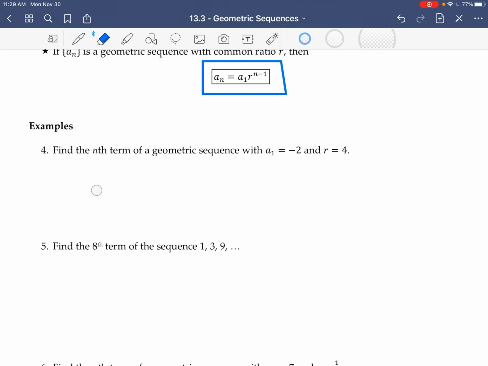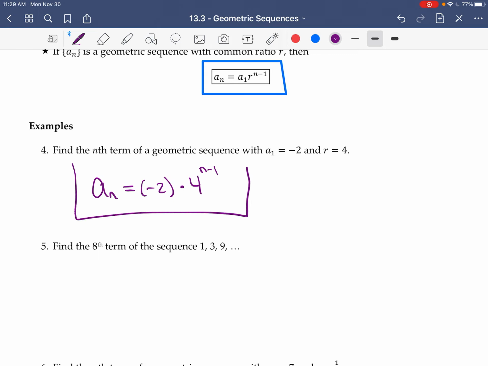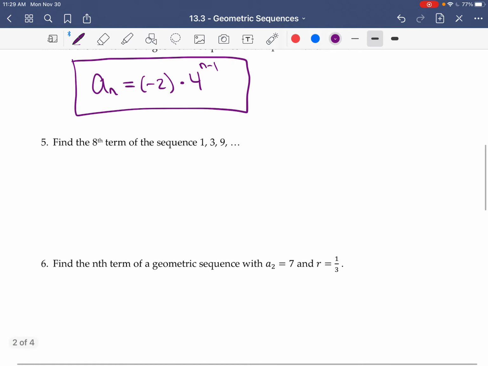So An is going to be A1, so -2, multiplied by r, the 4, to the n minus 1. Okay, so that's the formula for the nth term. Okay, now I'm going to leave these two examples for you to try.